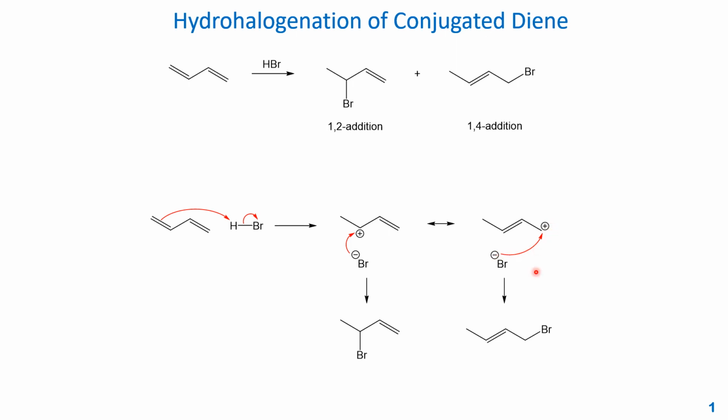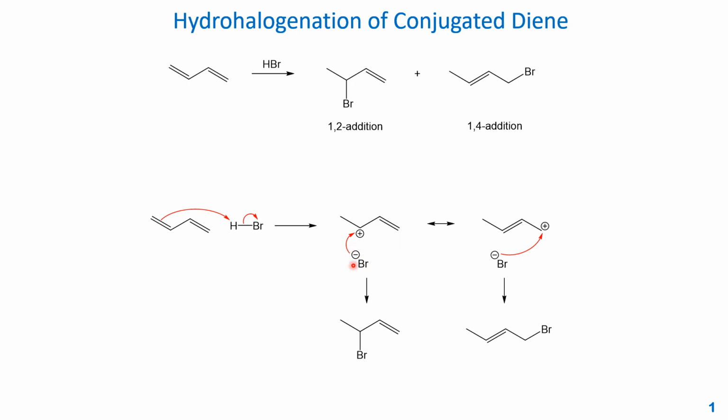This is more important if the temperature is very low. For example, at negative 80 degrees Celsius, the bromide will move much slower than at normal temperature. So it will most likely attack this carbocation, making the major product the 1,2 addition.